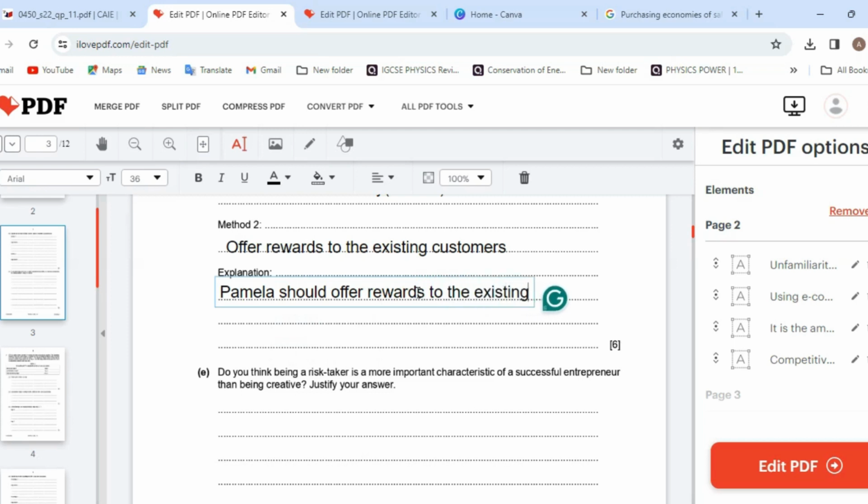To the existing customers, so that the customer will have an incentive to return. Let's say so that they will have an incentive to return.